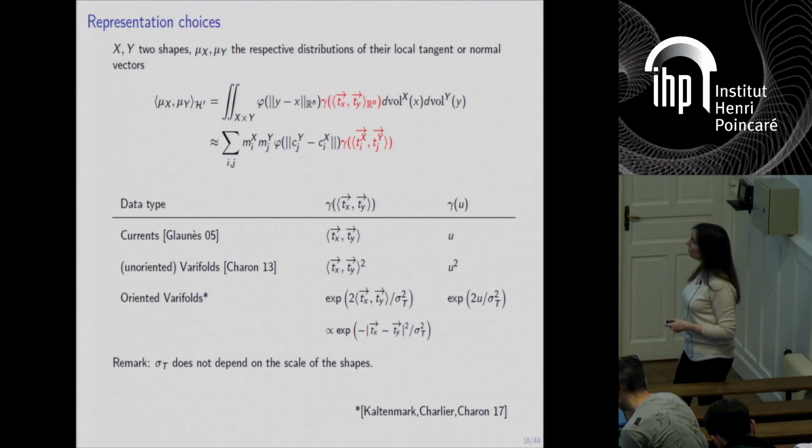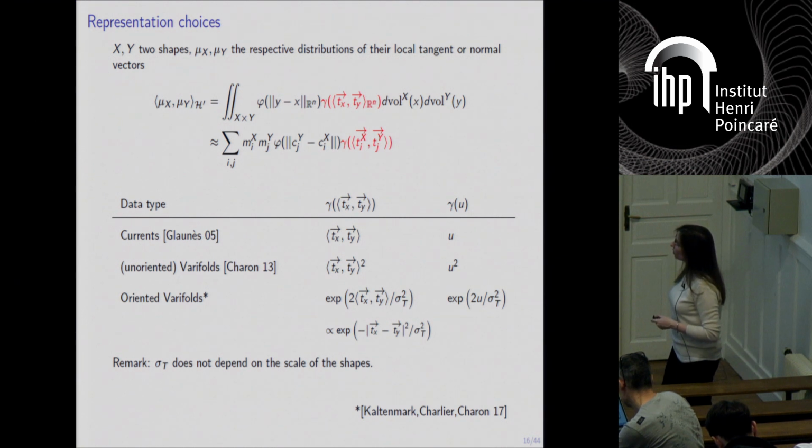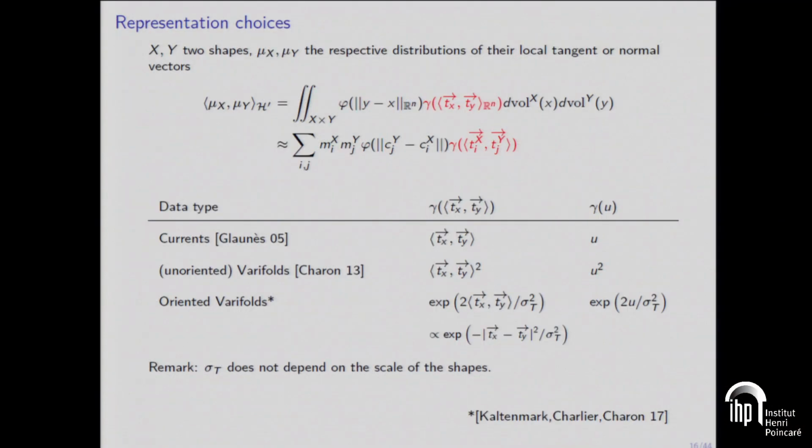And the larger framework is to consider any type of kernel, for example the Gaussian kernel, which defines the concept of oriented varifold. And just one remark, if you use the Gaussian kernel, the scale of this kernel does not depend on the scale of the shape, because you're just considering evaluated angles, so no matter the scale of your shapes, the angles are always compared on the sphere, so they take values between 1 and -1. So you can just fix once and for all the scale of this second Gaussian distribution.